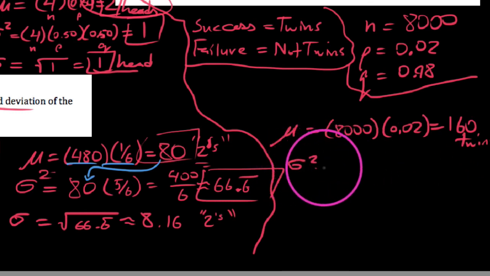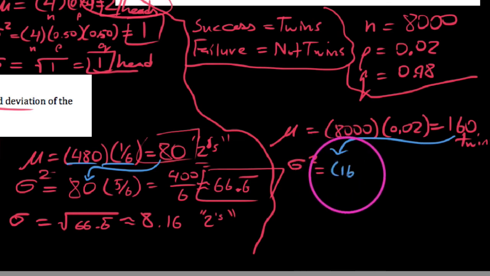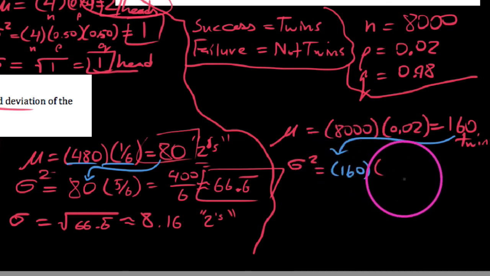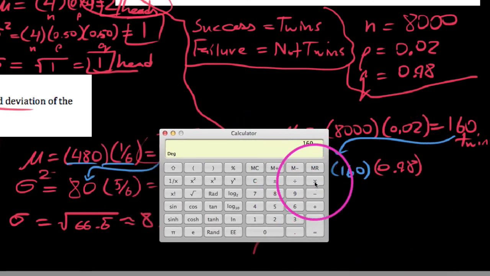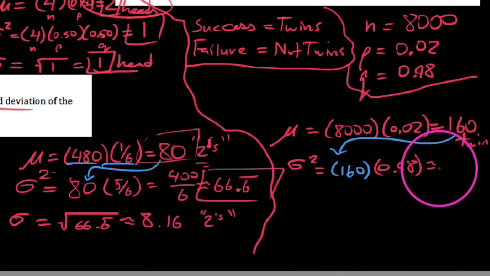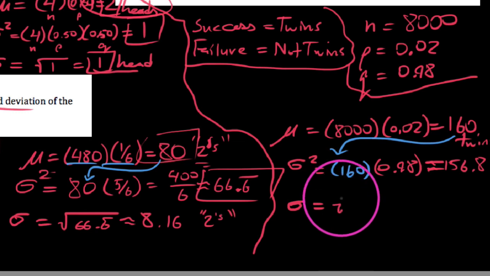We should label that. We say, well, what's our variance then? What's our sigma squared? Well, this would be the number we just got, this 160 here. We'll recycle it, 160 times now the failure rate, which is 0.98. 98% of that is 156.8. So about 156.8, and that's an exact calculation. So now we are going to use the variance to find the standard deviation.